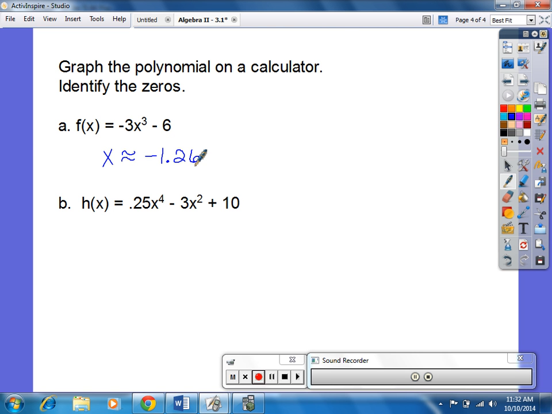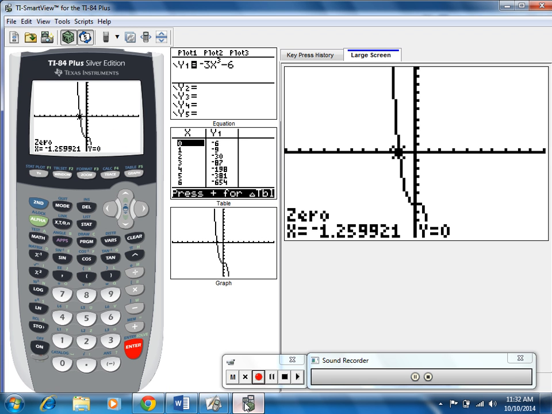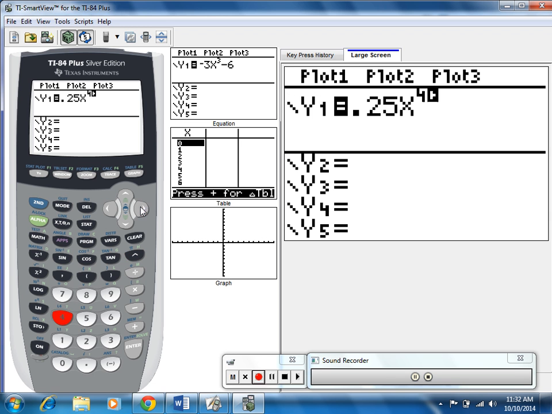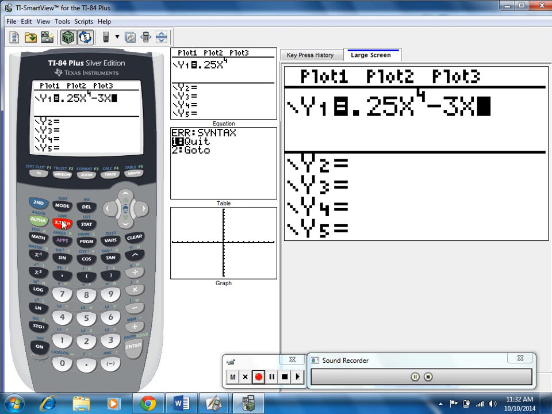My second polynomial that I want to enter, let's go ahead and enter that one. Come back here, y equals, clear that one out. The second one was just 0.25x to the power of 4 minus 3x squared plus 10.